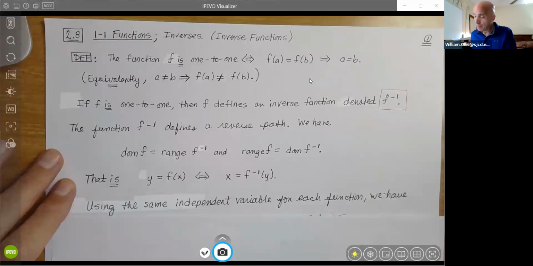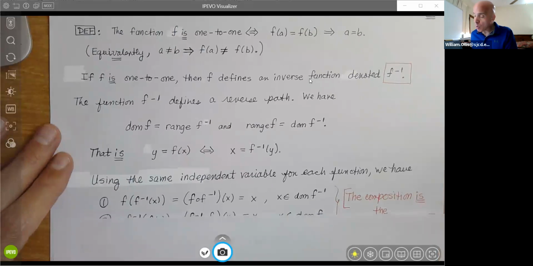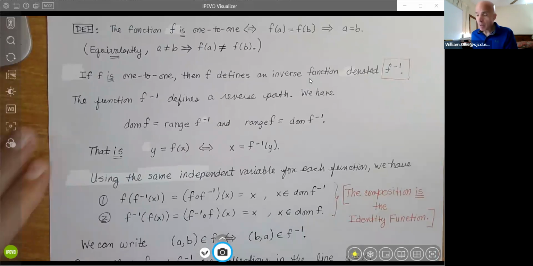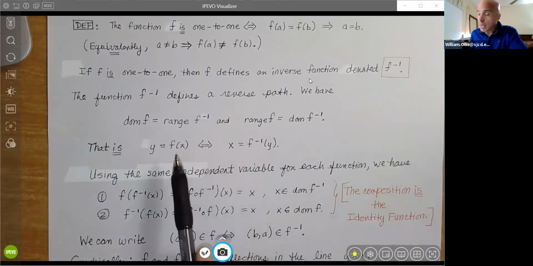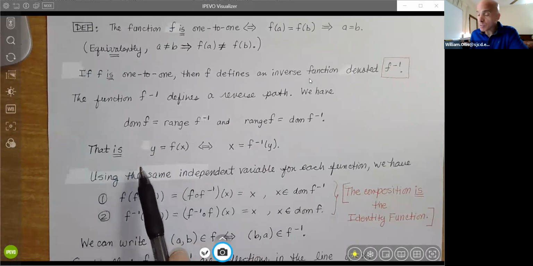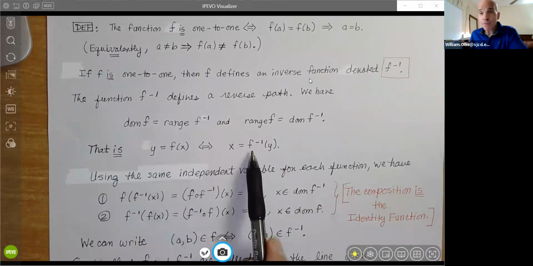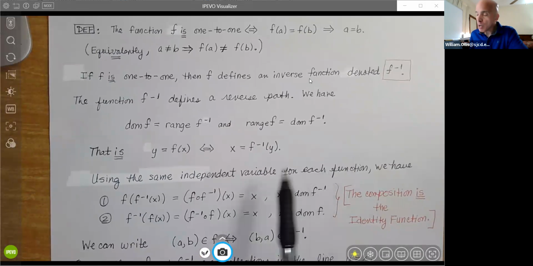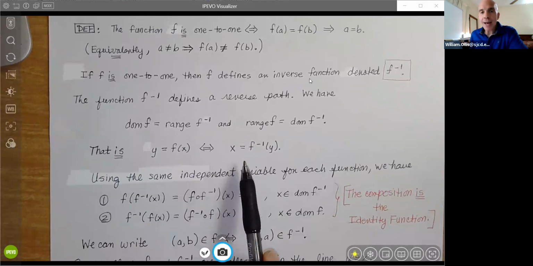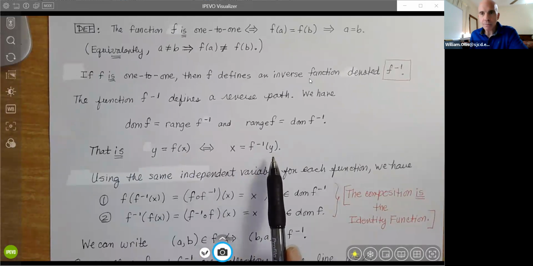Now, I want to just go over some particulars that have become convention. Now, if you say y equals f of x, you can think of flipping it around to say that x equals f inverse of y. Now, this notation is what we like when we are trying to keep the x's and the y's separate.